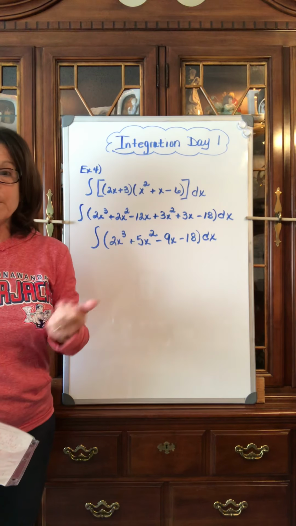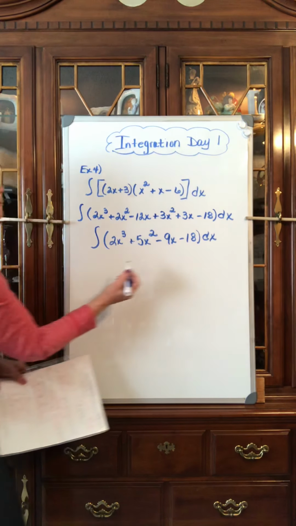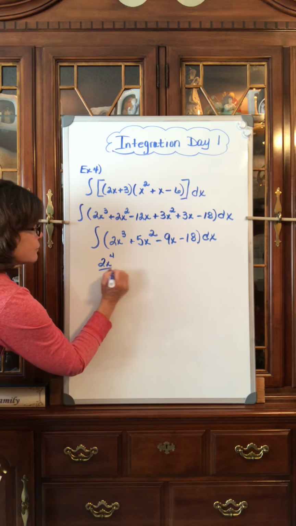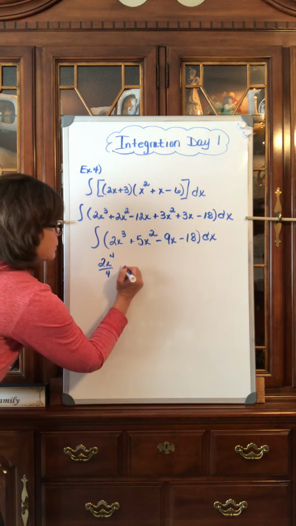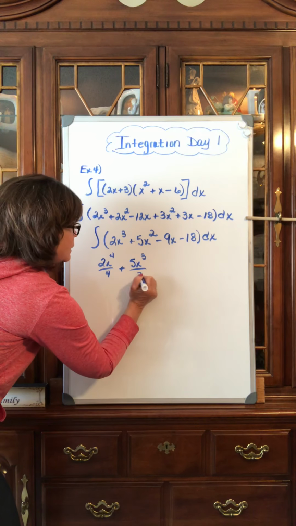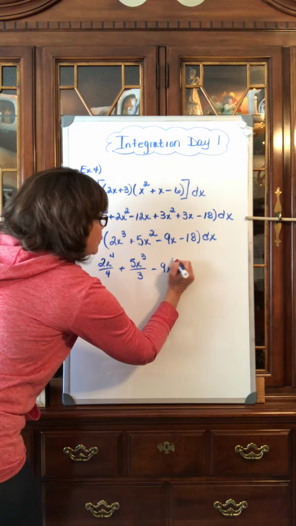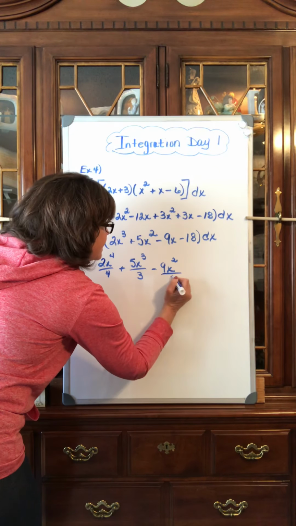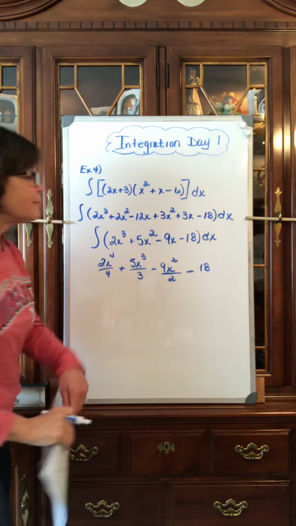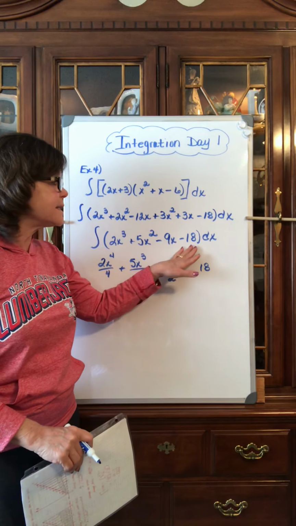Bring your exponent up by 1, divide by the new exponent, drop off the integration symbol and the dx. So 2x, bring your exponent up by 1, raised to the 4th, divided by 4, plus 5x cubed divided by 3, minus 9x. Remember that's an x to the 1st, squared, divided by 2, minus 18. Now, this is negative 18, x raised to the 0 power.